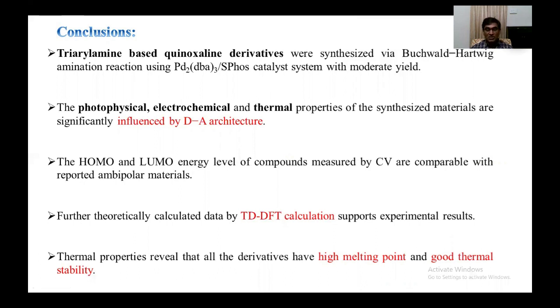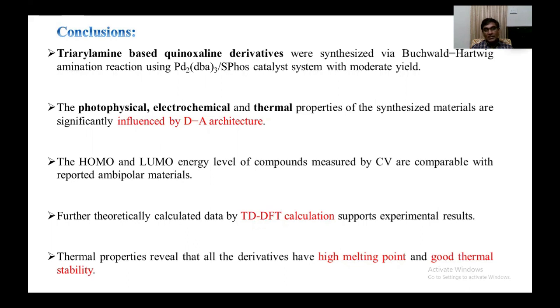The derivatives I showed you in schemes 1 and 2 are quinoxaline derivatives, which are prepared by using the Buchwald coupling reaction with a palladium catalyst. We studied the photophysical, electrochemical, and thermal properties of these synthesized materials in detail.